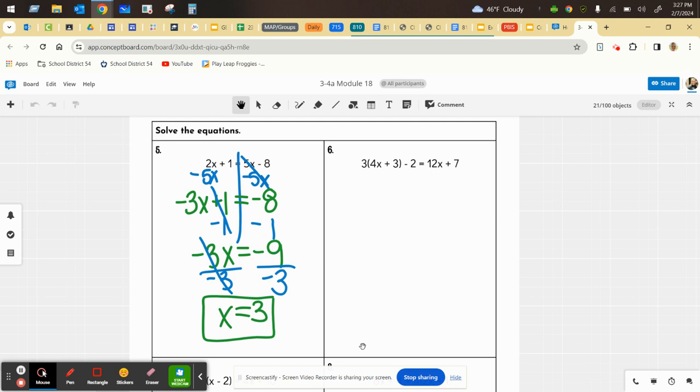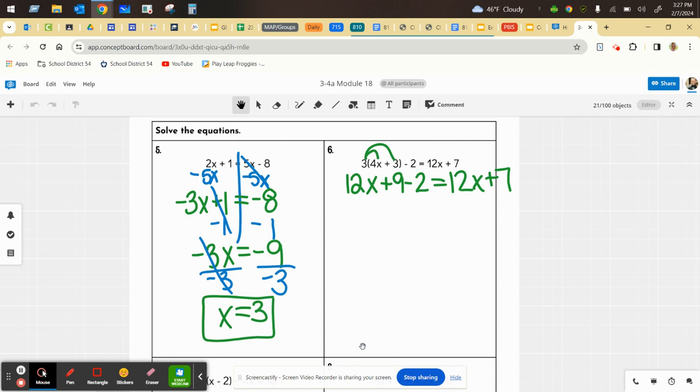Okay, we got a couple more. Number 6, I see some parentheses, so I'm going to distribute first. We are only distributing to the 4x and the 3 and not the -2 because it's not within the parentheses. So 3 times 4x is 12x. 3 times 3 is 9. I'm going to rewrite the rest. Hopefully you're noticing we have some like terms.